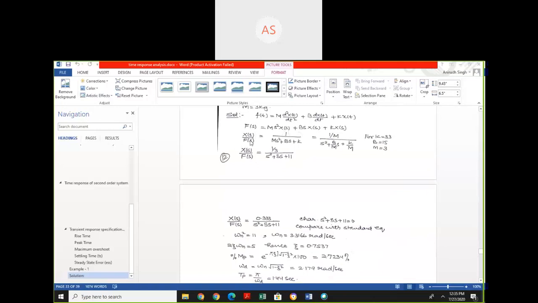From this equation we have to calculate X(s) by F(s), the transfer function.